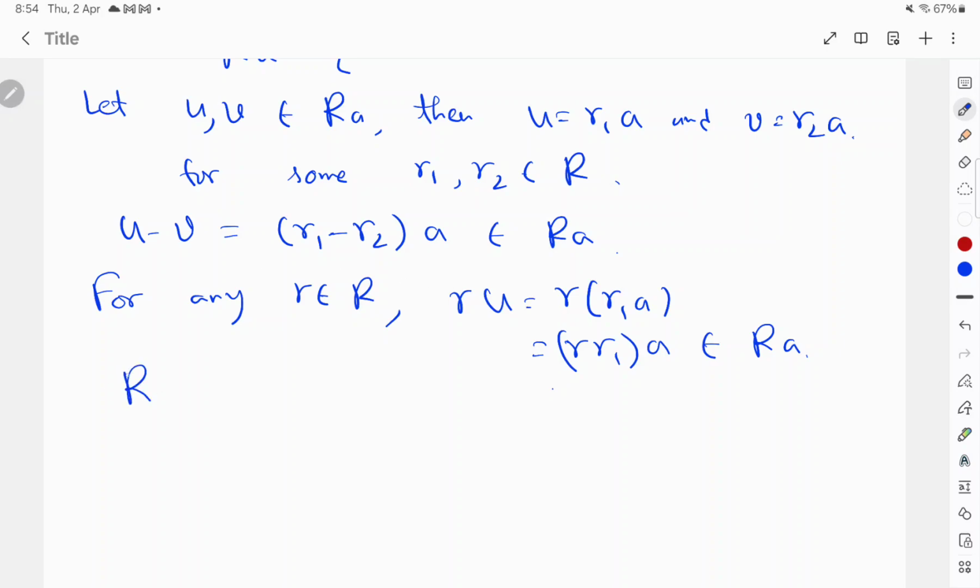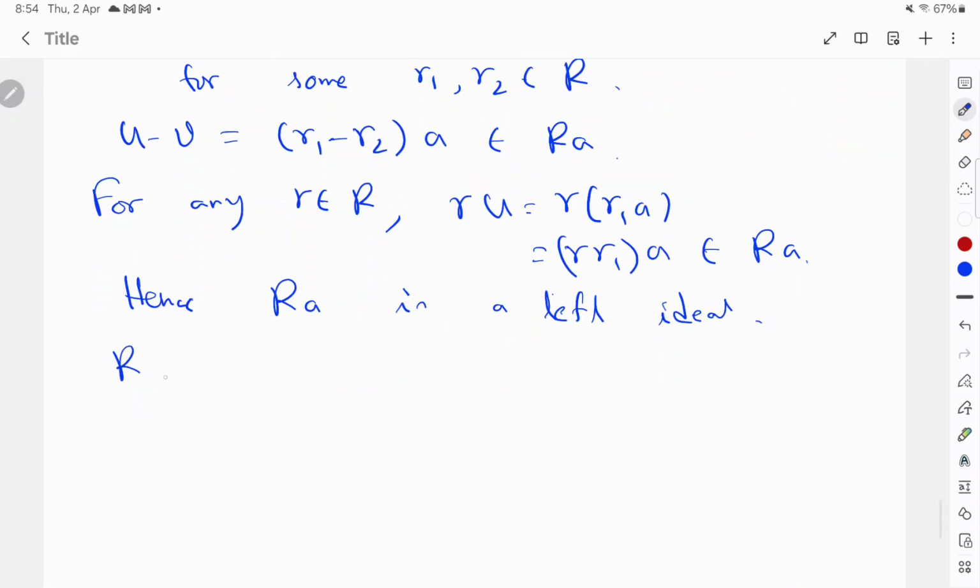Hence Ra is a left ideal, and you know R is commutative. So if this is commutative, then aR is also an ideal.